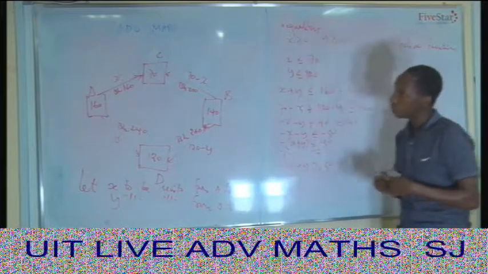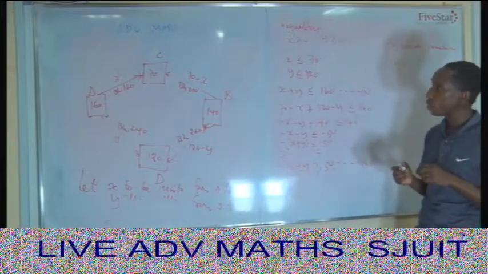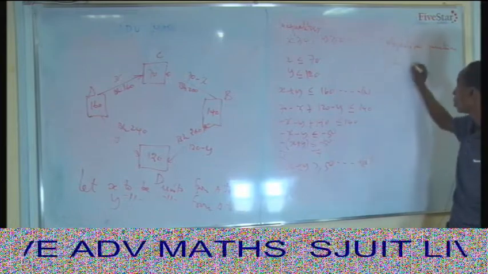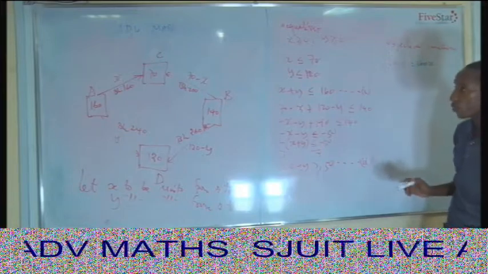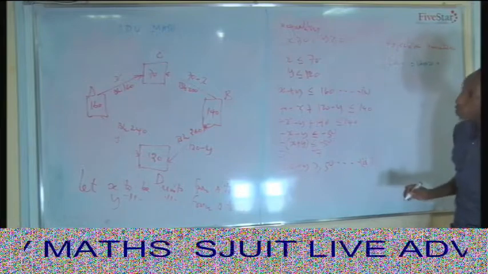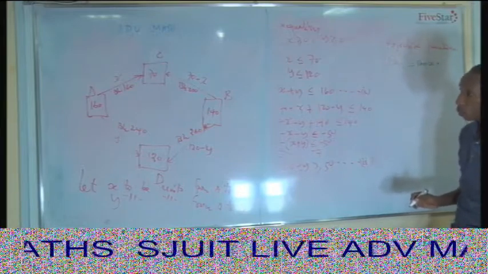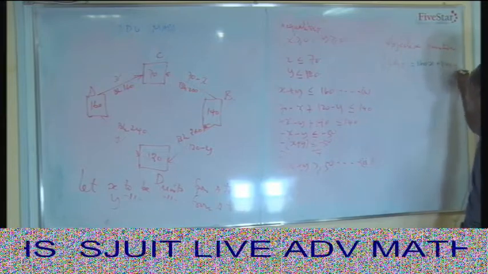So you just take the unit transported from A to C, which is x, and the cost is 160. So you take 160 times x, plus the unit taken from A to D, which is y, and the cost is 240, so 240 times y.